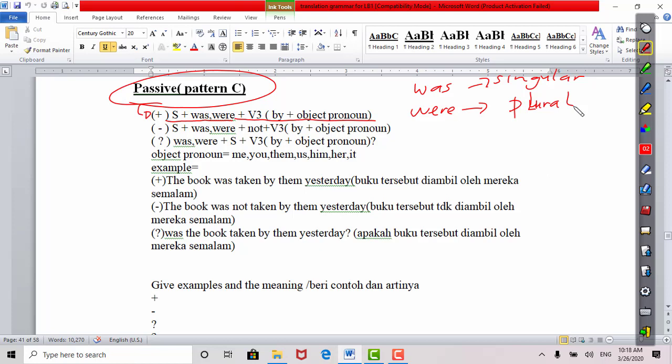Yes, in bahasa, was untuk satu orang. Were untuk lebih dari satu orang. Okay?